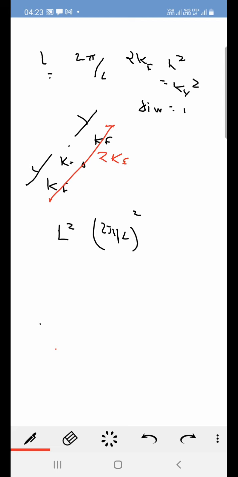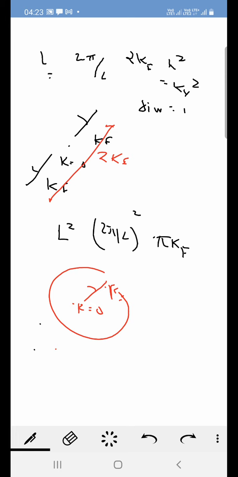Now we will consider that this is k equal to 0, and this is Kf. Then we will consider the total area covered, since the dimension is 2. So consider it is a circle, so pi r square. So that is why the area will be pi Kf square.